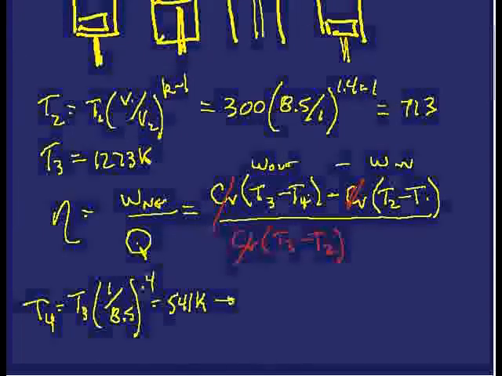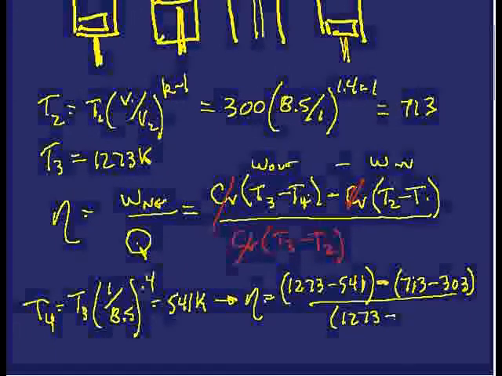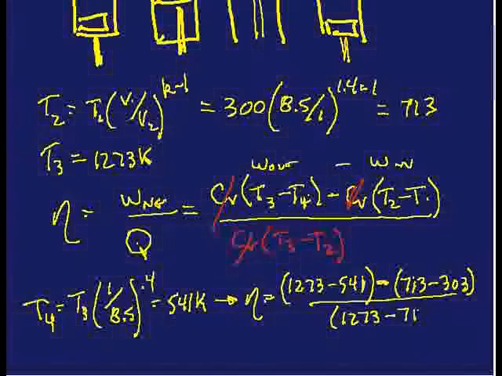So our efficiency then is equal to, see, T3 minus T4, and T3 is 1273 minus 541. All of that minus T2 minus T1, or 713 minus 303, all divided by T3 minus T2, which was 1273 minus 713.